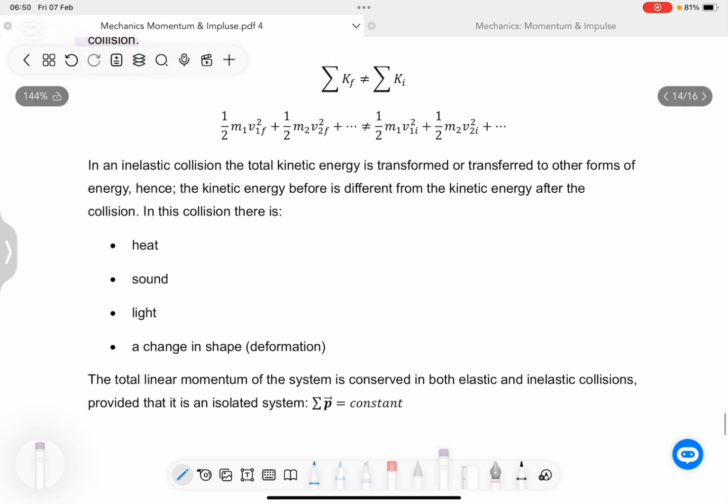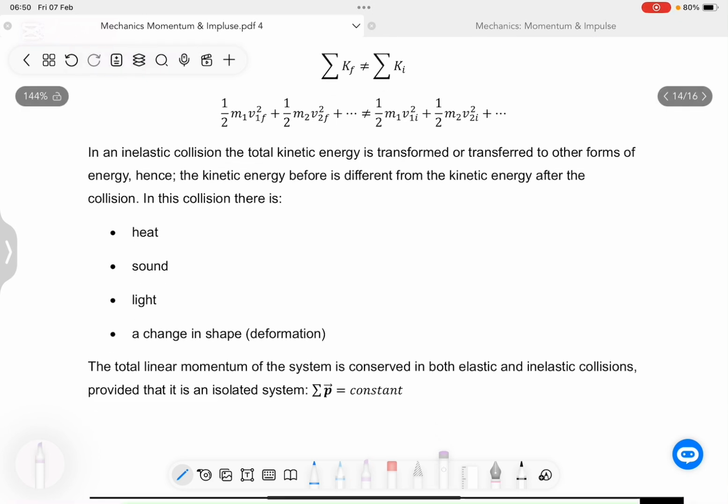And the other last part is that in both elastic and inelastic collisions, the total momentum of the system is a constant, is always conserved, provided that the system is isolated or is a closed system. So whether the collision is elastic or inelastic, the total momentum will always be a constant if the system is a closed system or an isolated system.